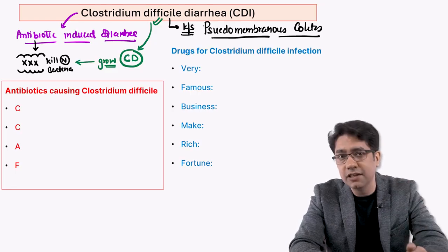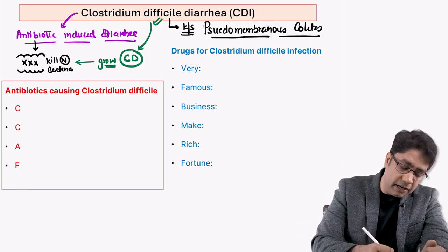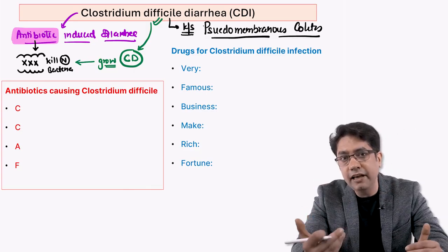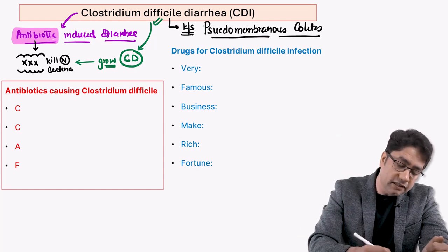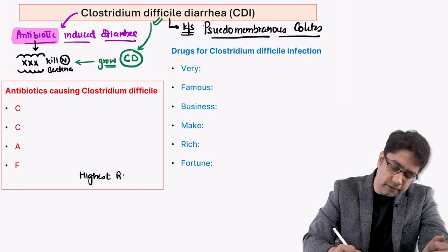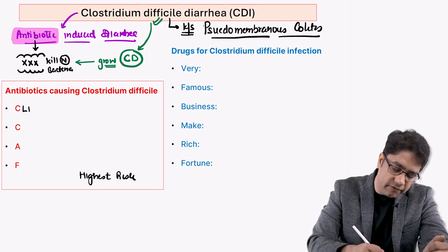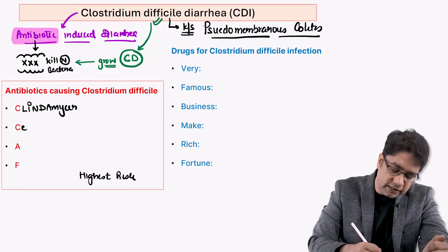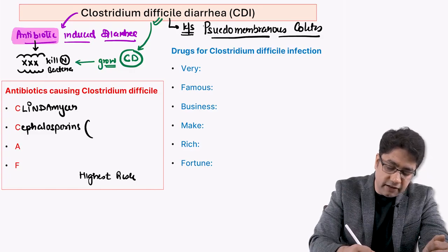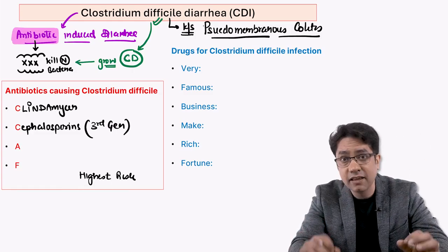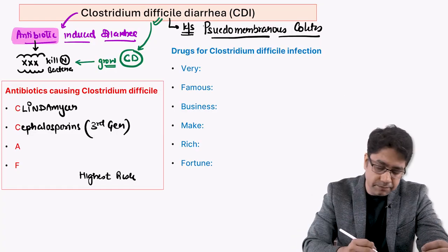So one question comes to our mind, sir, which antibiotics have the highest risk of causing Clostridium difficile infection? Highest risk is seen with 4 antibiotics. CCAF: first C stands for clindamycin, C for cephalosporins. Which cephalosporins kill gram-negative GIT bacteria? Third generation cephalosporins, best for gram-negative. They will kill GIT bacteria maximum.